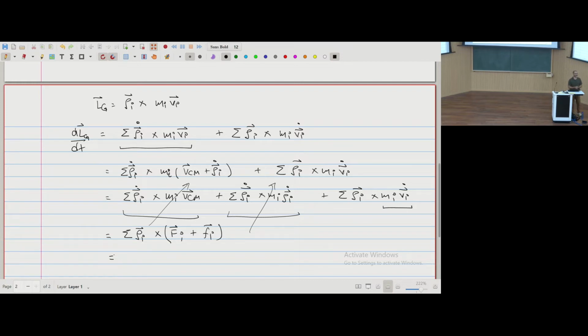So without showing it again today, I'll simply write this as, where capital Fi is the external force.